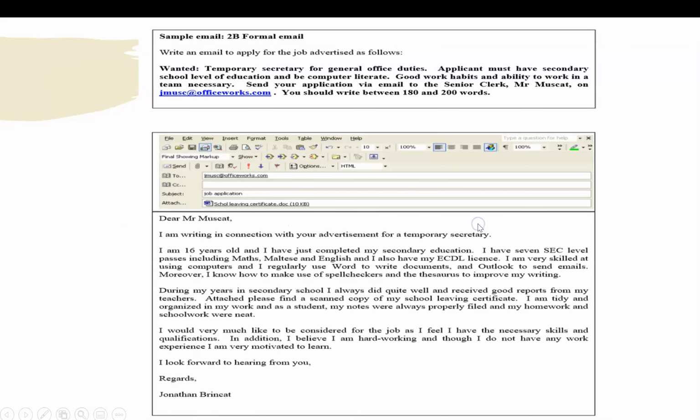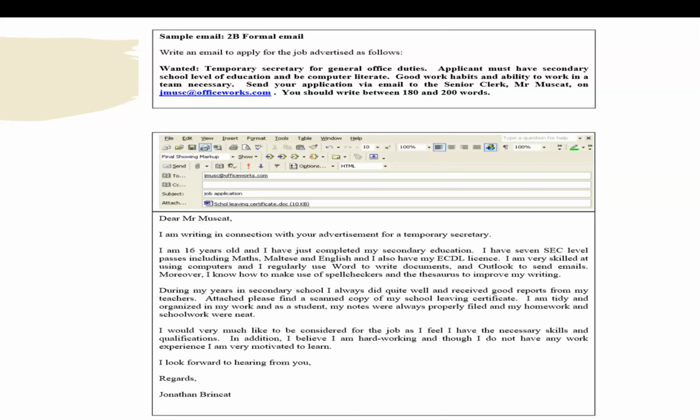Okay, so let's look at here. I'm 16 years old and I've just completed my secondary education. I have 7 SEC level passes, including Maths, Multis, and English, and I also have my ECDL license. I'm very skilled at using computers, and I regularly use Word to write documents and Outlook to send emails.